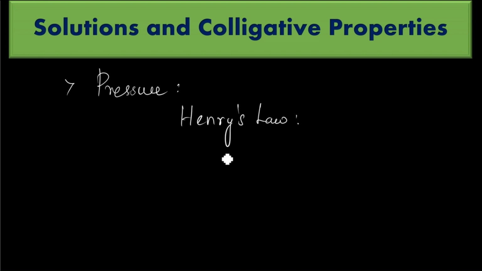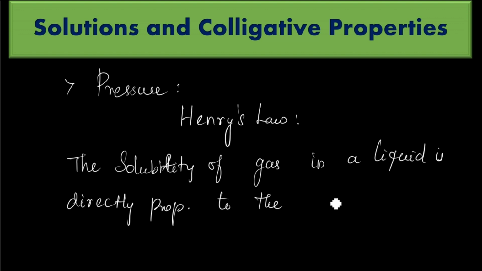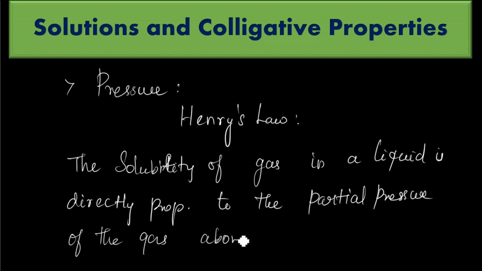Henry's law states that the solubility of a gas in a liquid is directly proportional to the pressure, or partial pressure, of that gas above the liquid. Henry's law comes under gases in liquid. Later in this chapter, I'm going to introduce another law, Raoult's law, which is for liquid in liquid. So this is gases in liquid.